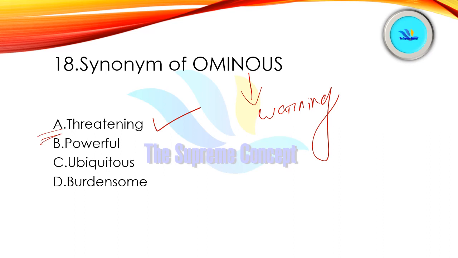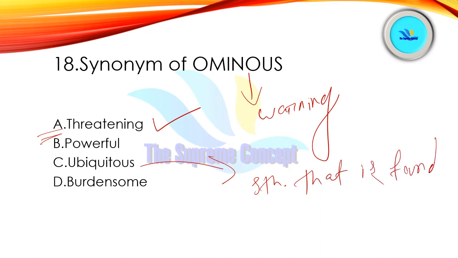Threatening means ominous. Then we have powerful. We all know what powerful is. And then ubiquitous. Ubiquitous means present everywhere, something that is found everywhere. In a single word we can say omnipresent.